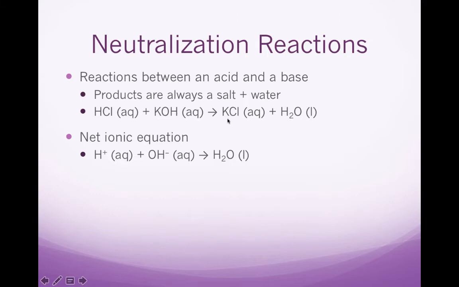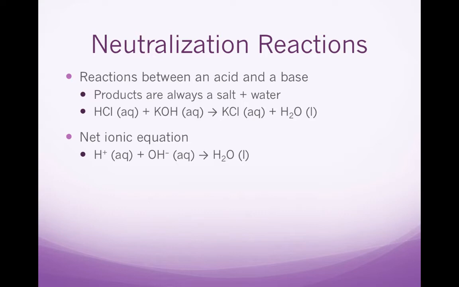And then you make a salt of what's left over. So we have this potassium left over, chlorine left over, so we make KCl. Here's something to note. You have to do charge balance still, right? Here, potassium's +1, chlorine's -1, so you make potassium chloride, just KCl.